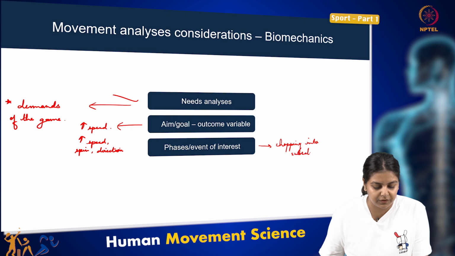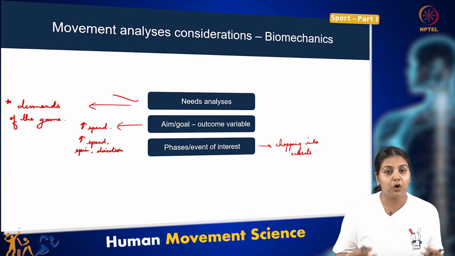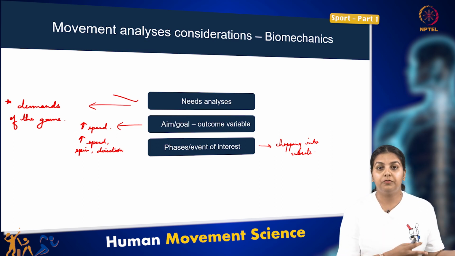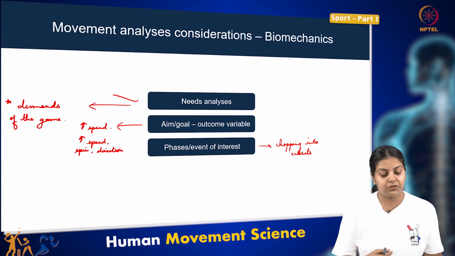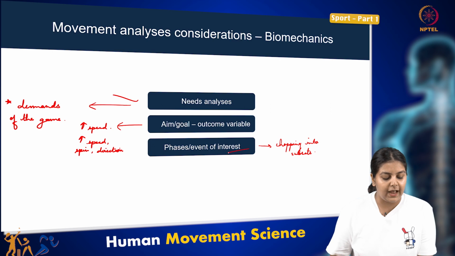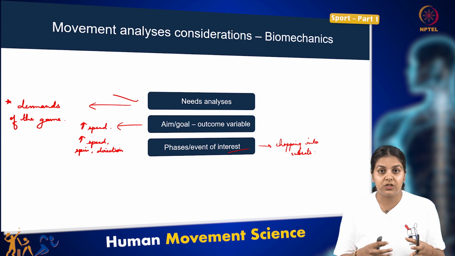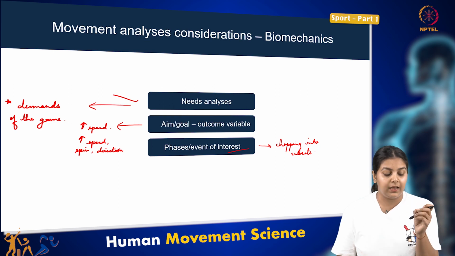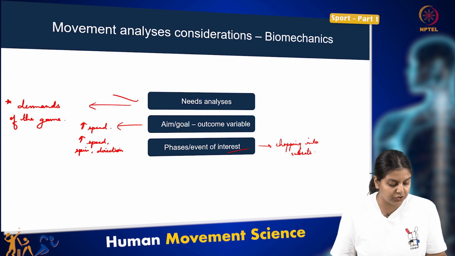So it's subsets of information or subsets of the entire timeline. So you're chopping them into these smaller phases. Sometimes if the skill is too complex, you also chop the phases further down into subphases, right? And in those subphases, we look at the event of interest, which as the name suggests, is a moment in time which is key or important. So that's our event of interest.